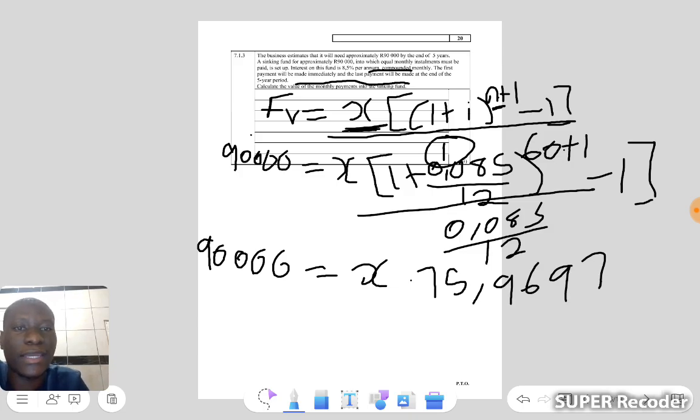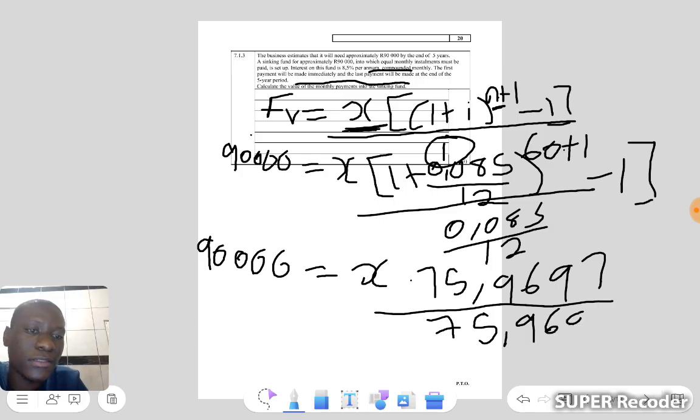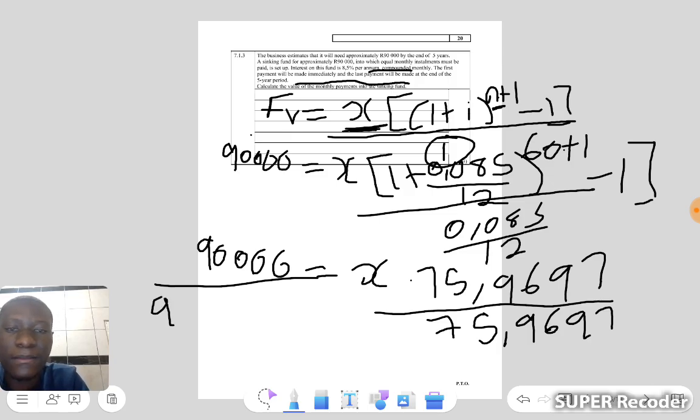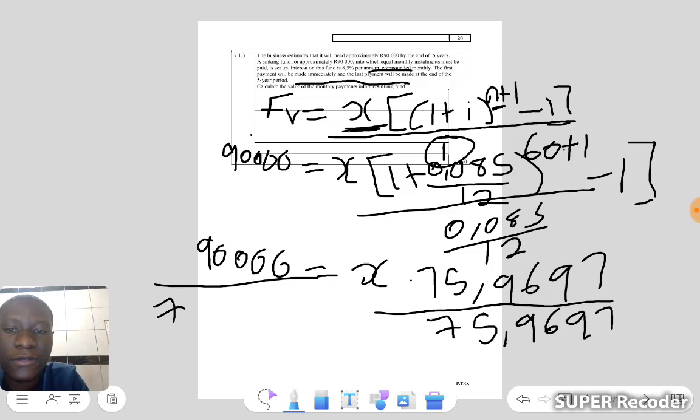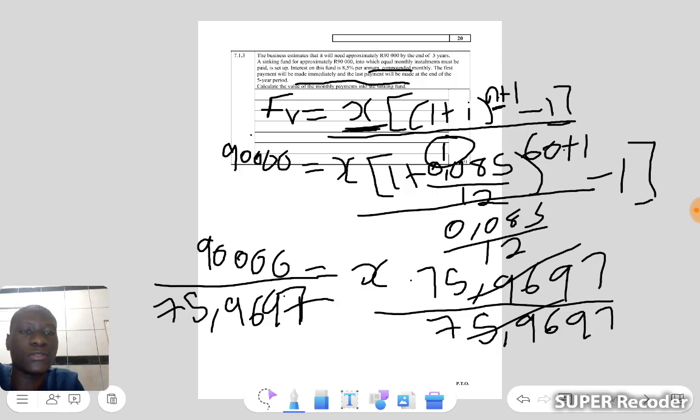This is what we get by punching our calculator. So to find the value of X, we have to divide by 75.9697, and we divide the other side by 75.9697 as well. So this will cancel.